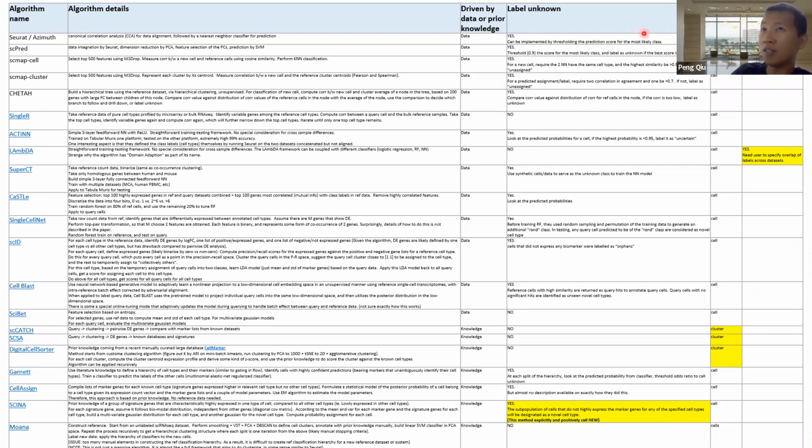Now, among the algorithms listed here, I think only one of them is really explicitly designed to utilize multiple reference data sets in an integrated manner.